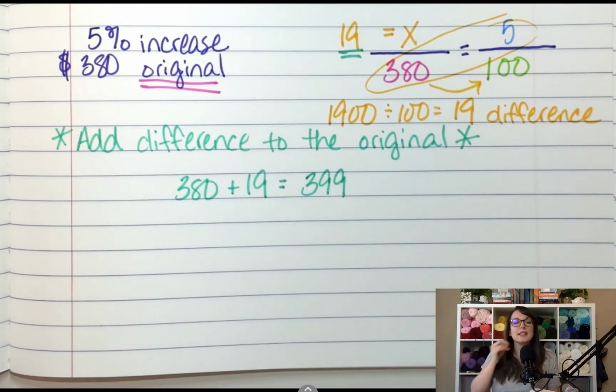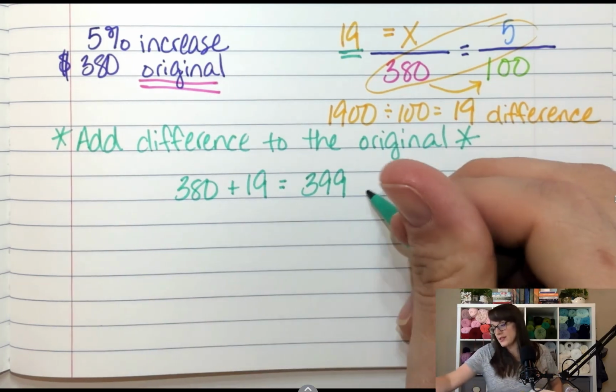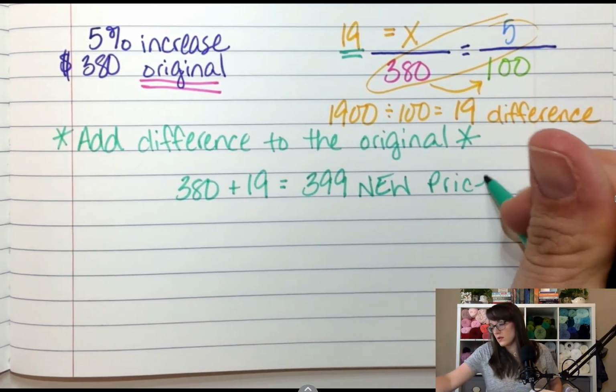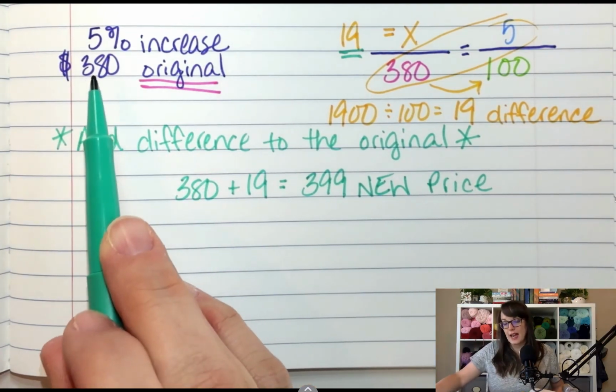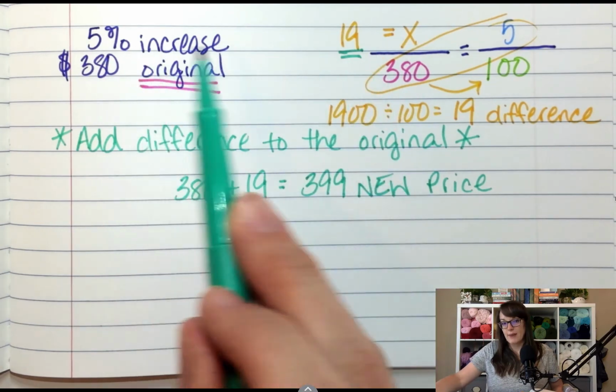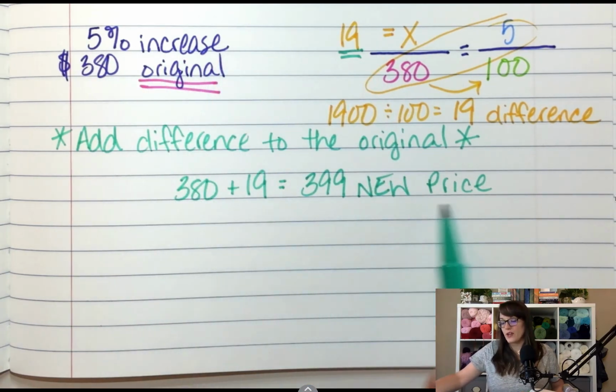So what is 399? That's our new price. Because it was 380, I added 19 to it as my increase, and so my new price is $399.